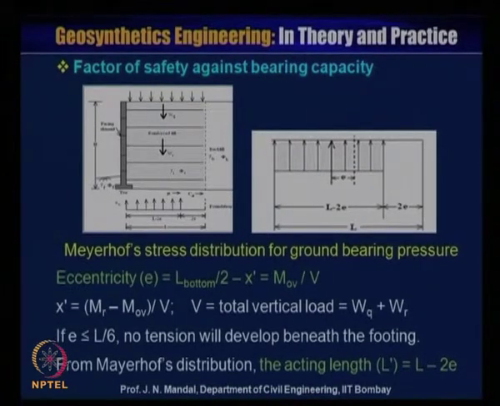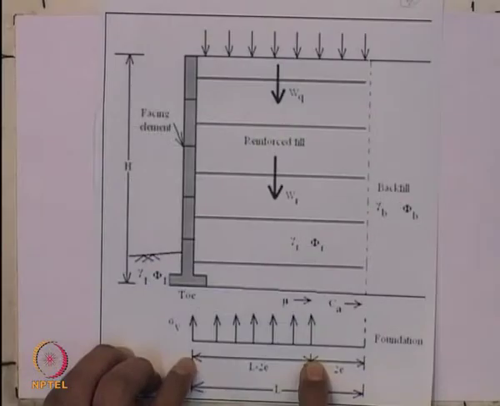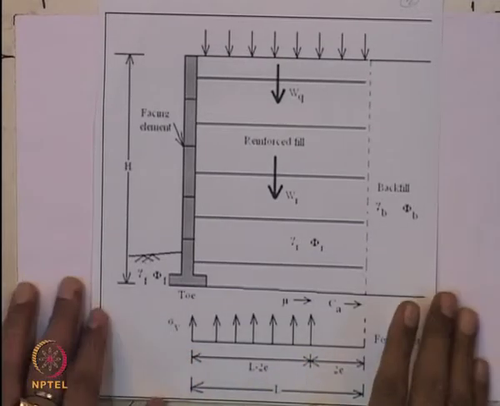So from the measure of distribution, the acting length, if we consider L dash, will be equal to L minus 2E. So you always have to consider that acting length, that means the L minus 2E zone only, and this measure of pressure distribution for ground bearing capacity is recommended.